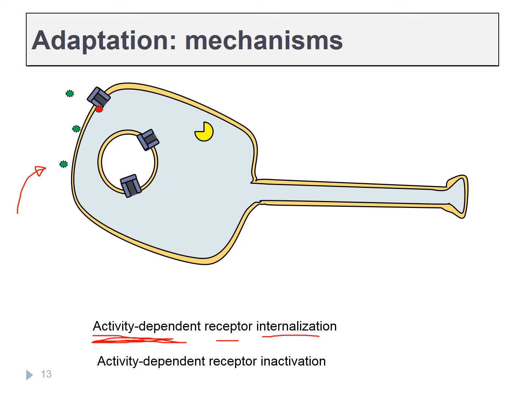And even though that chemical, or whatever signal that it is, is still there, those receptors on the dendrites are no longer responding. We call that activity-dependent receptor inactivation. It's still dependent upon sustained activity. We have to stimulate that receptor protein for a while, but then it tends to become inactivated by a chemical reaction.